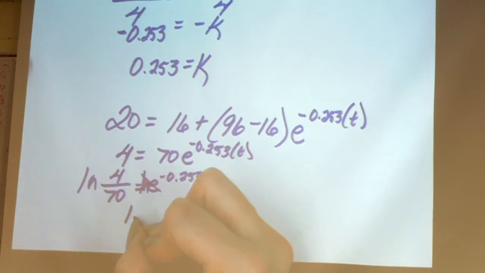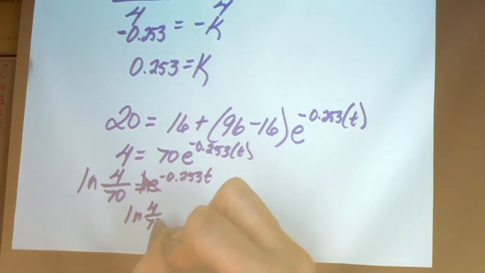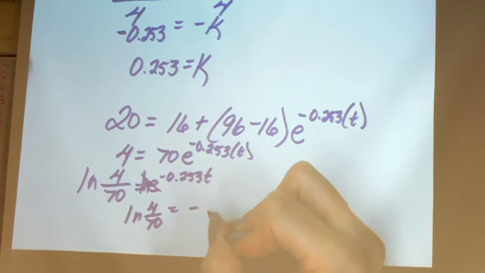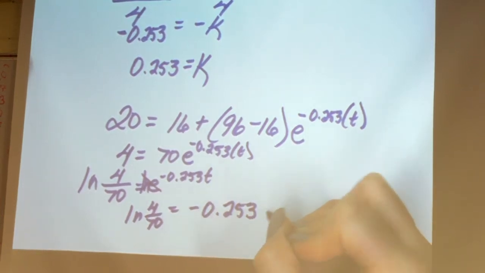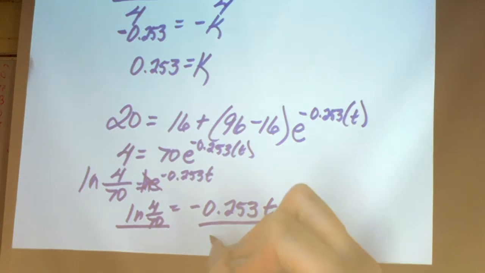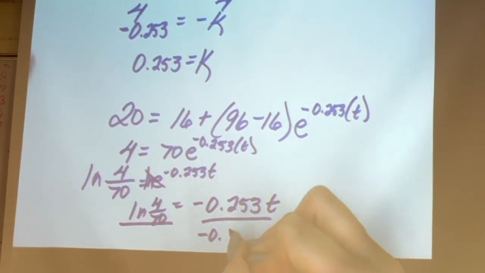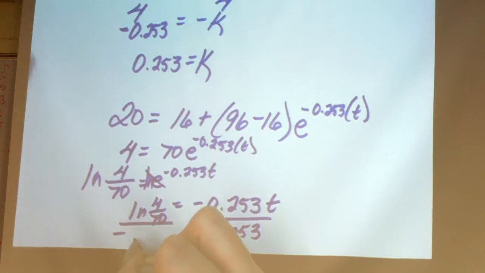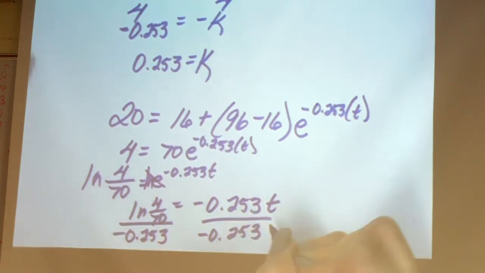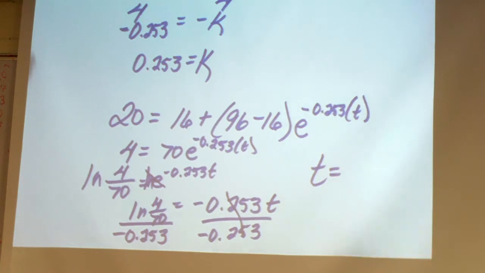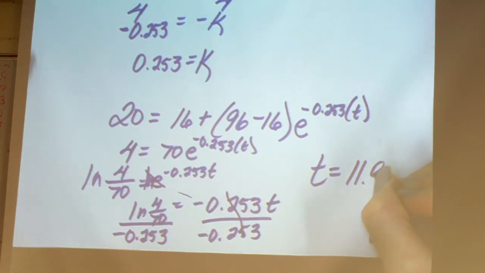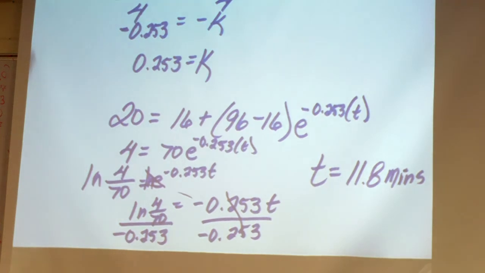And so I have the natural log of 4 over 70 equals negative 0.253 times t, divide by negative 0.253. And my t will equal whatever that is. And if I look, it gives me an answer of 11.8. So it will take 11.8 minutes for the egg to cool to 20 degrees.